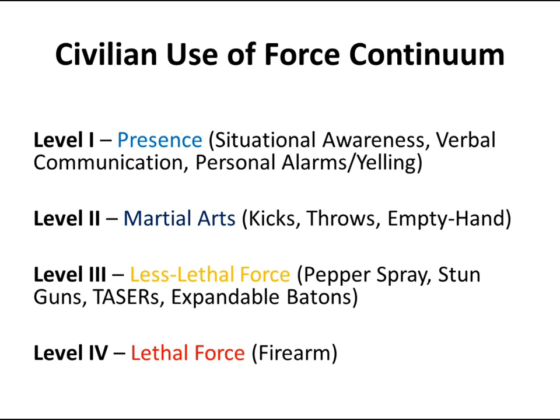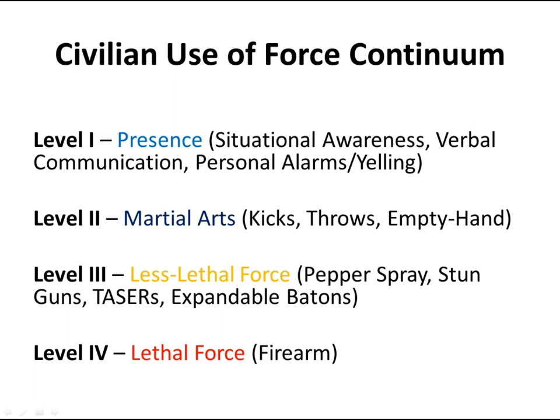If you don't know how to do that, then it automatically goes from level 1 to level 3. You're able to use less lethal or non-lethal force, such as your pepper spray, your stun gun, your taser, and if things get really bad, you can use your expandable baton as well. And then finally, if the person pulls out a knife or a gun or a crowbar or just any kind of weapon that can cause serious bodily harm or death, then you can pull out your firearm as well.